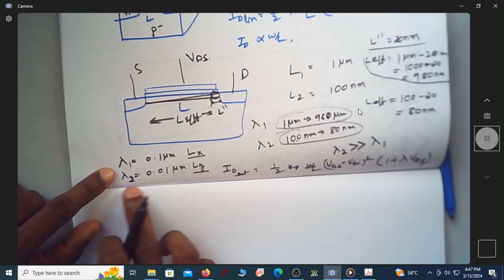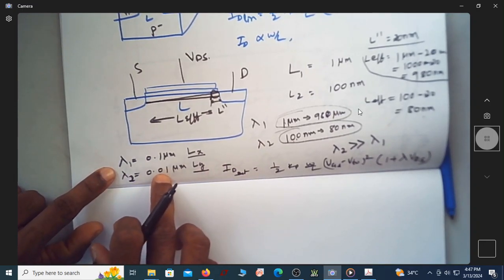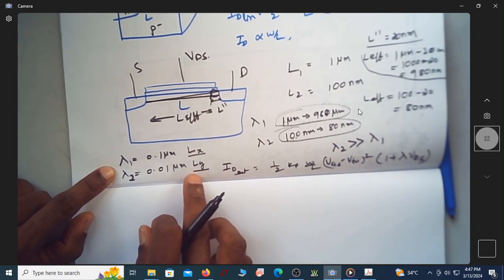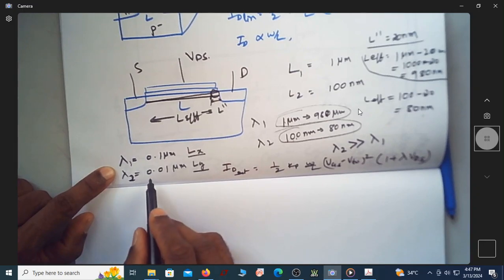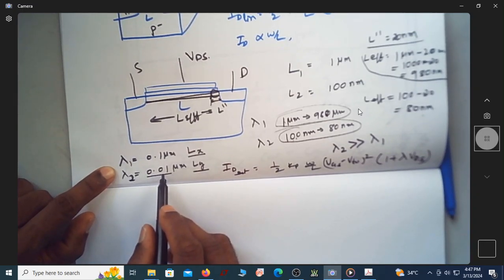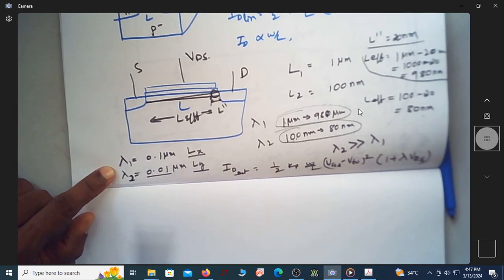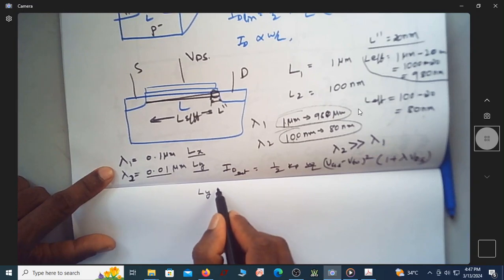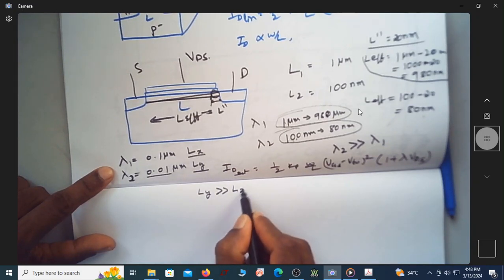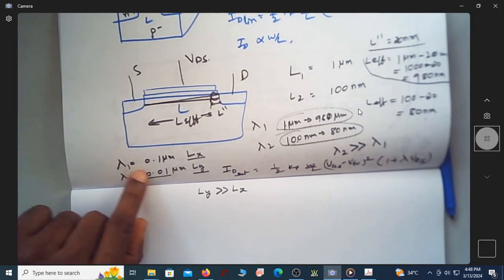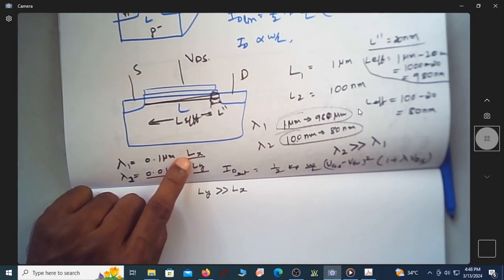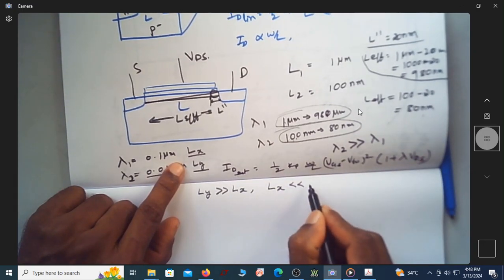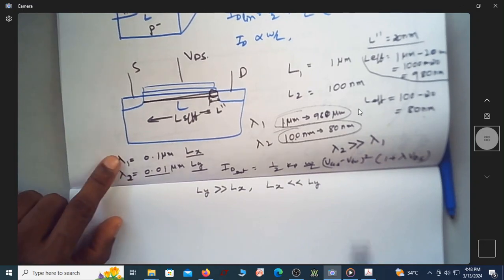Since lambda 2 has very less change, naturally Ly should be a larger length compared to this, because it has very less impact of channel length modulation on the current. So Ly is far greater than Lx. When the value of lambda is more, its channel length is less, or I can write Lx has a very small channel length compared to Ly. Of course both are correct.